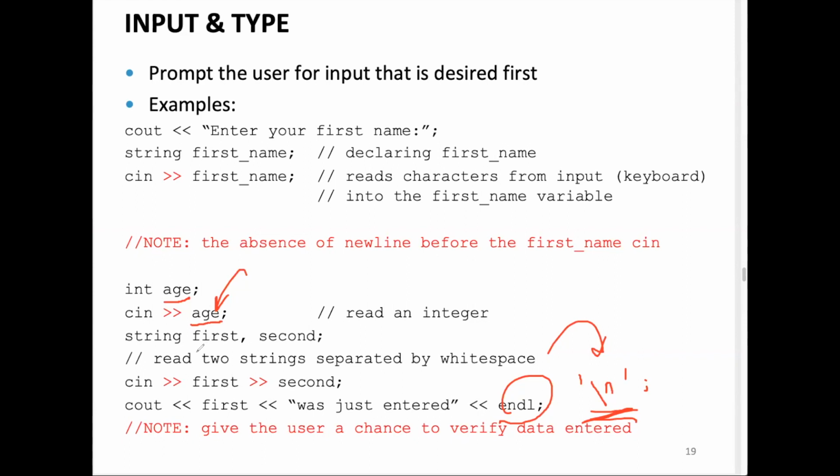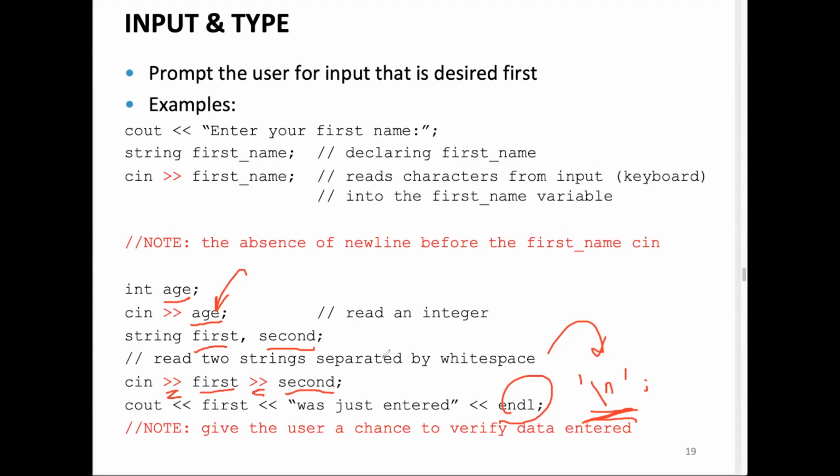The second part is the ability to read multiple inputs from your console or keyboard. The way that you do that is you chain your character inputs with two pipes, one after the other.